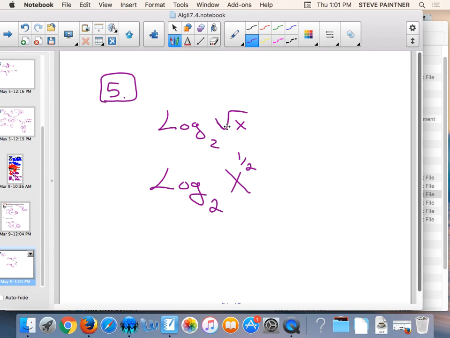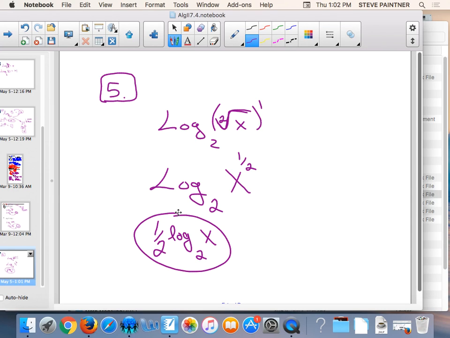Guys, if you have the square root of x, the root goes in the denominator. The power goes on top. So really, that's what you're looking at. Now where's this 1/2 going to go? Hopefully on the outside. There, you just expanded it. Radicals can be turned into exponents if you just use your fractional exponents, right?